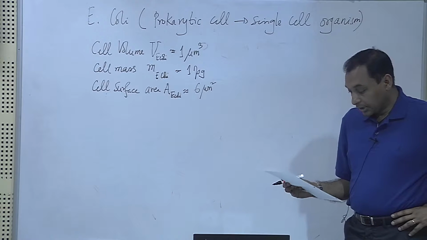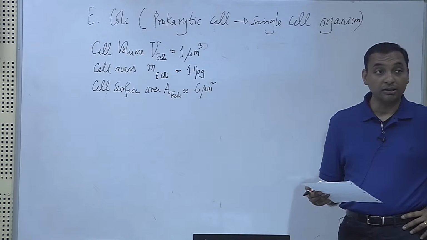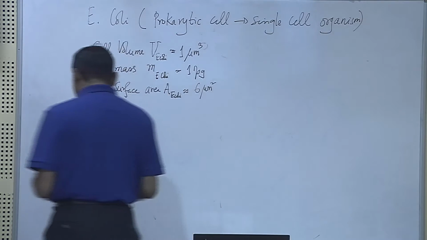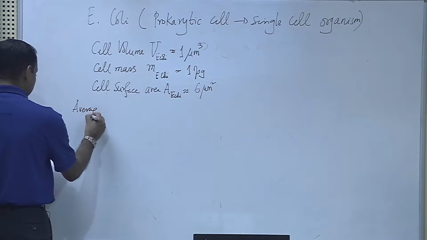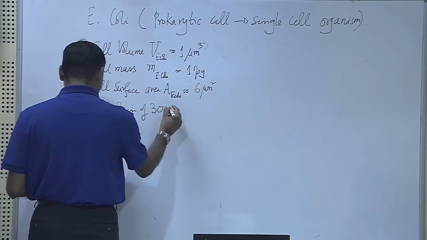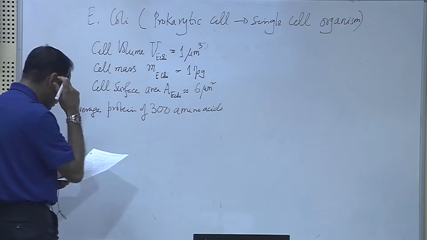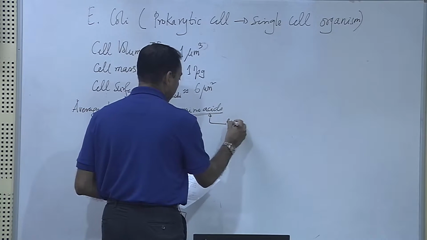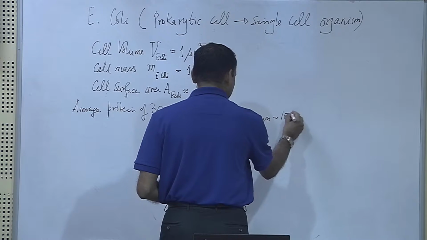So we can look at how many proteins typically E. coli will have. We can calculate that based on the number of amino acids that are present. So an average protein of 300 amino acids, each of these amino acids has a mass of close to 100 Dalton.